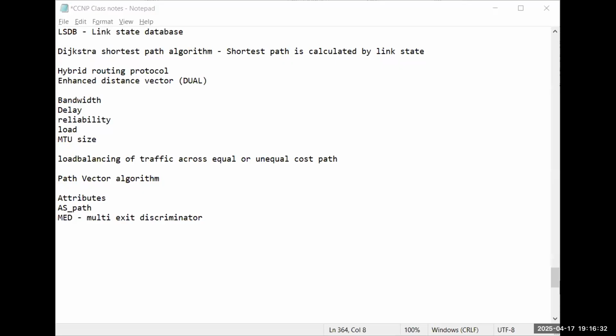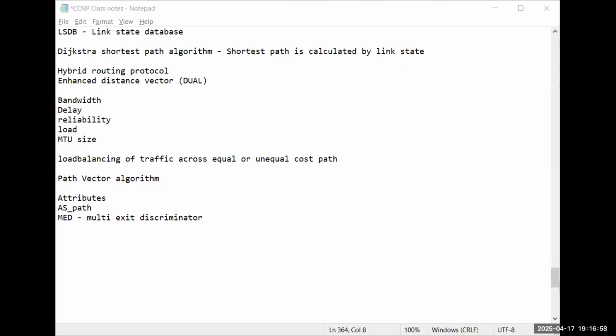If my users are sending huge traffic, at that time, when my primary link is 80% or 90% utilized, I can send a few of the network traffic to the secondary link. So at that time, I'm going to do load balancing in my network.